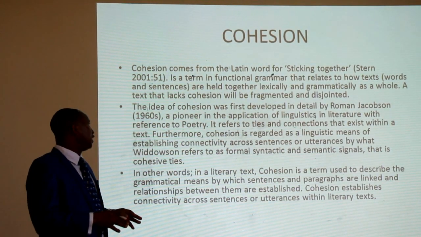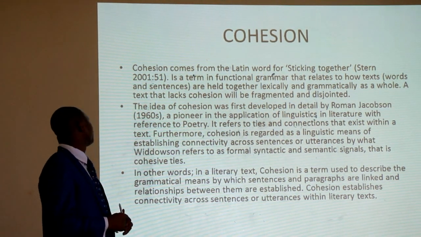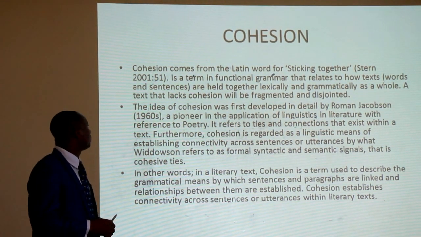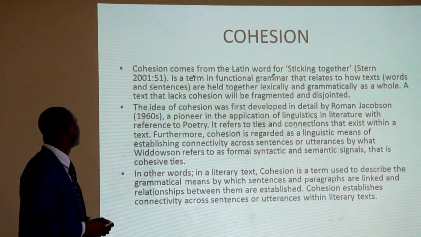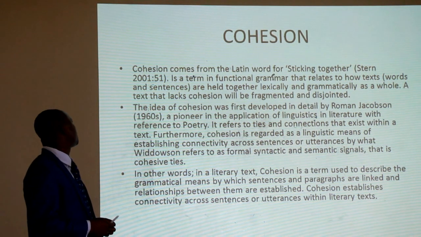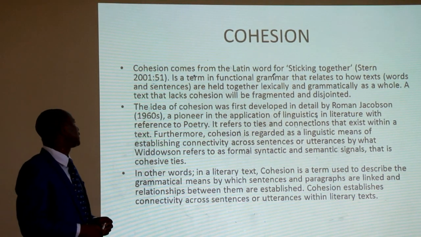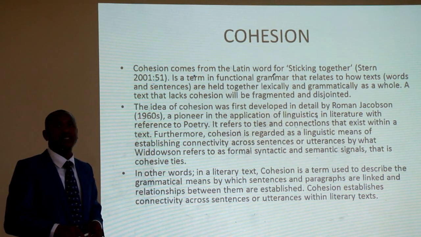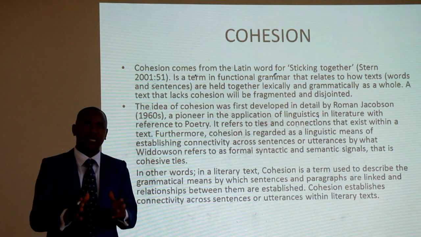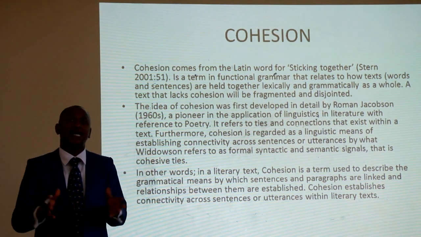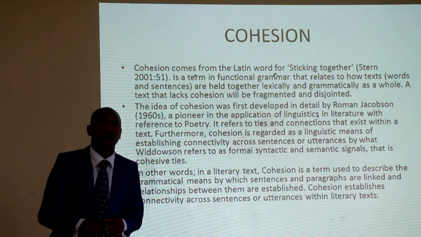Now let us go into details of the concept of cohesion. Cohesion comes from the Latin word for sticking together, according to Stern 2001, page 51. It is a term in functional grammar that relates to how texts, words and sentences are held together lexically and grammatically as a whole.